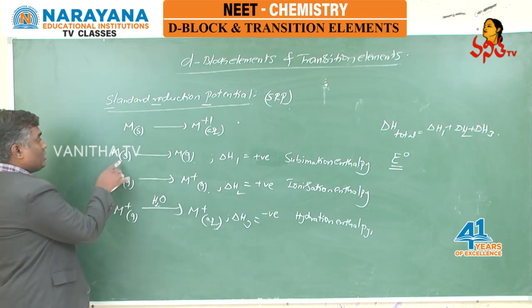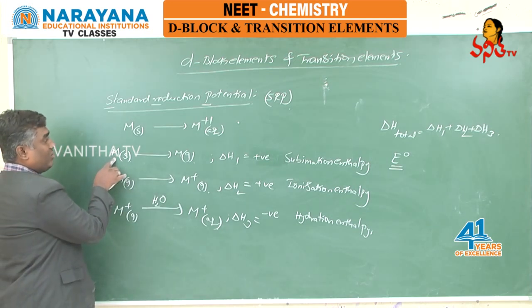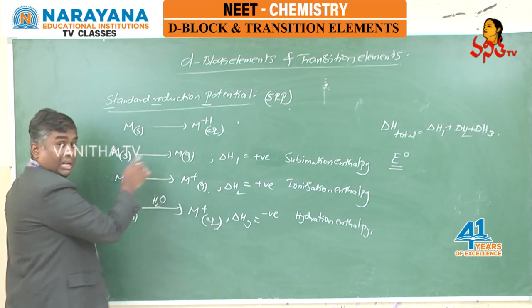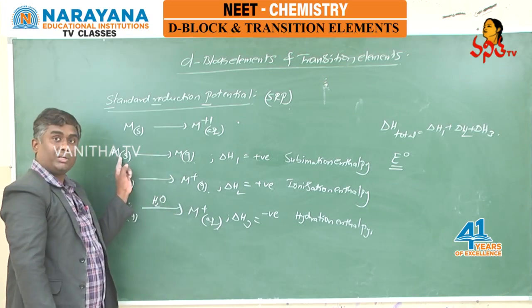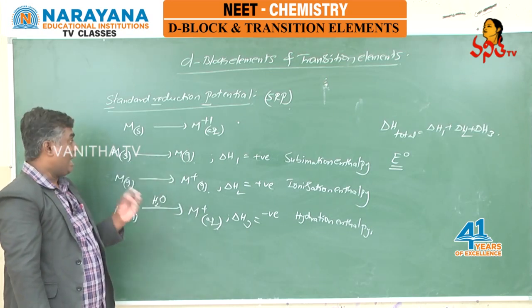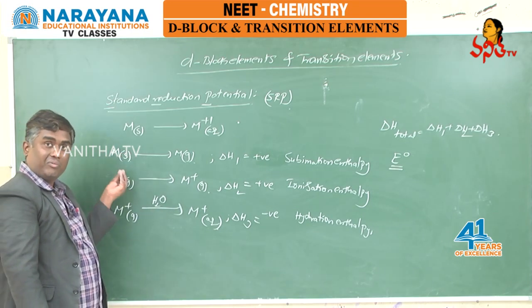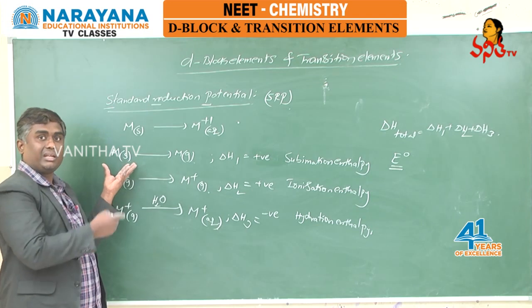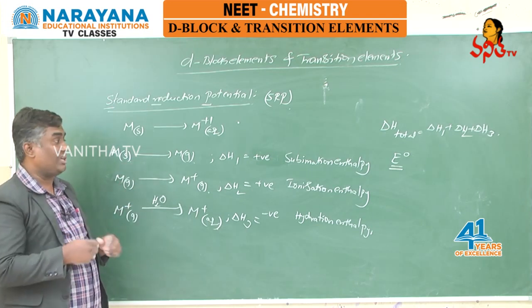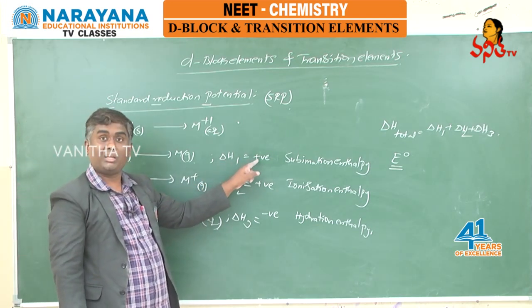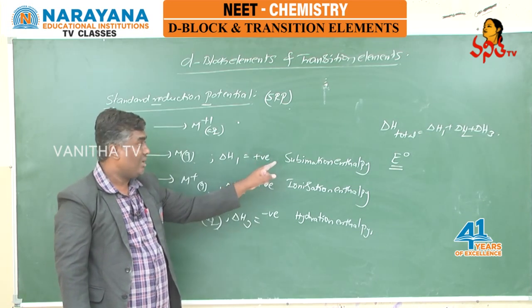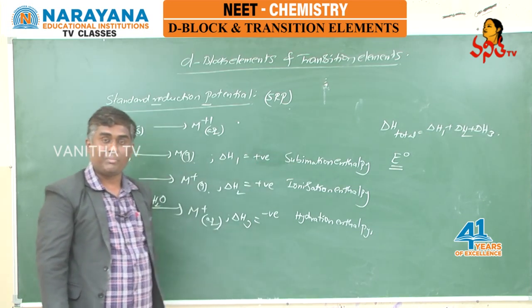What are they? First of all, we have to convert solid metal into gaseous metal atom. Here we have to heat this solid metal, which means we are supplying heat energy, it is receiving heat energy, so it is endothermic, delta H is positive, which is known as sublimation enthalpy.